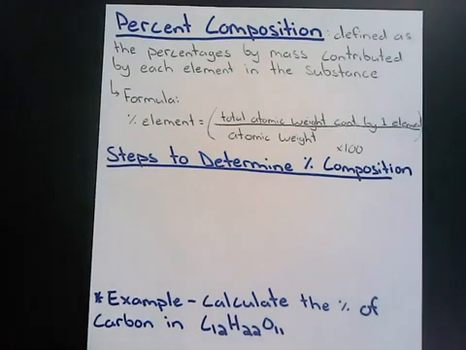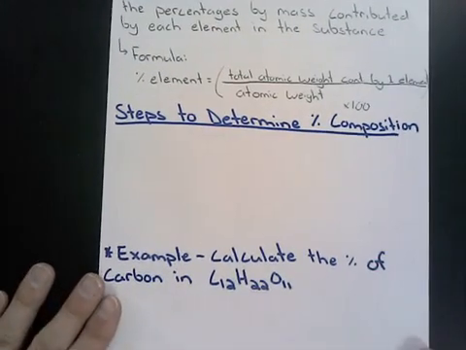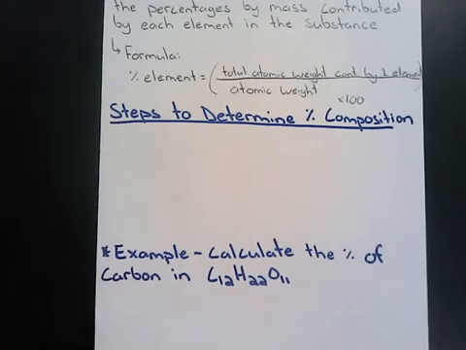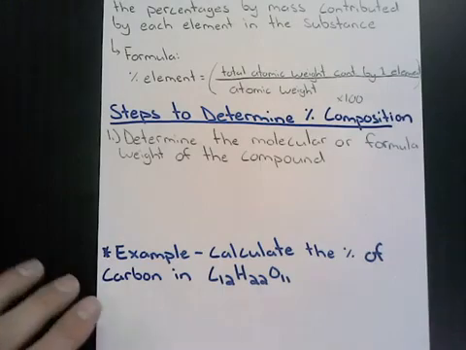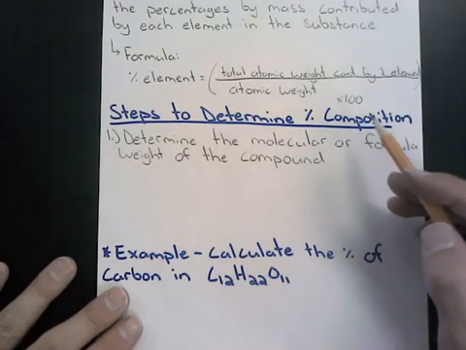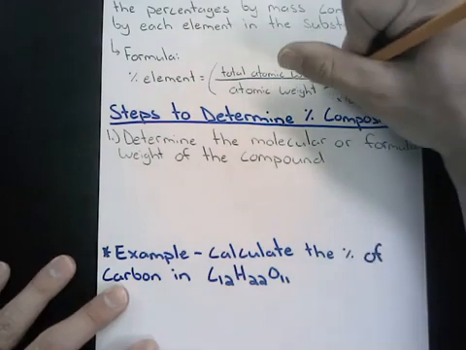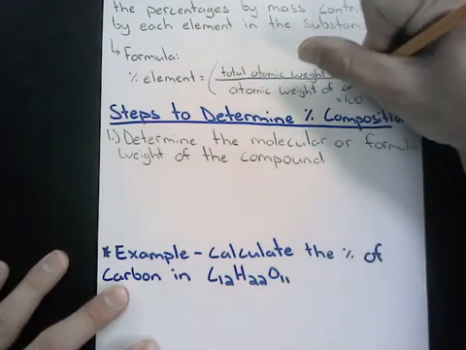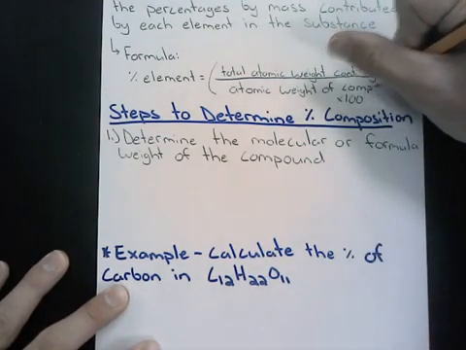And so what we have down here is a way that we can go through steps to find the percent composition. Step 1 is to determine the molecular or formula weight of the compound. And I should clarify here up above on the formula, this is the atomic weight of the compound itself. That should be on bottom.